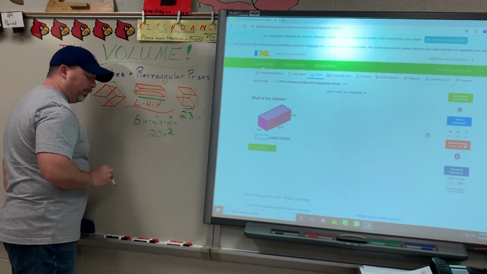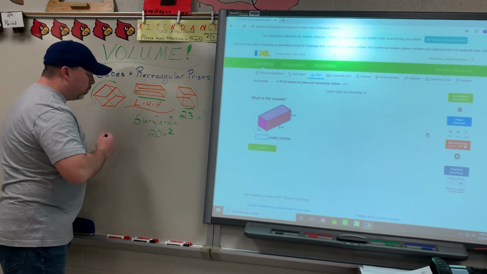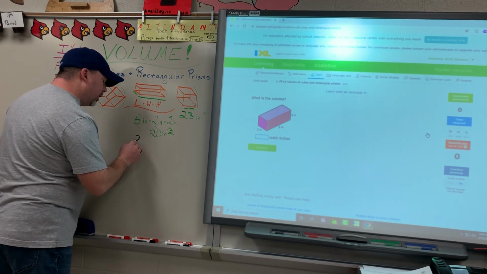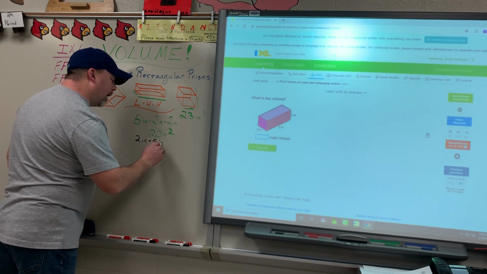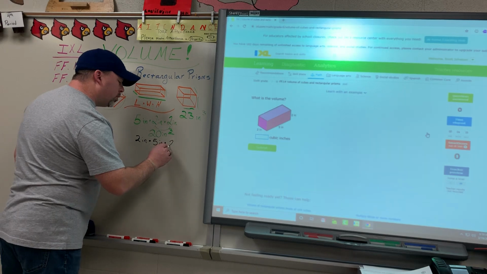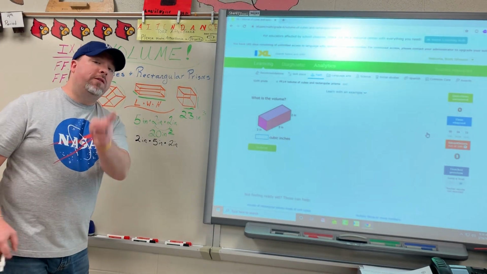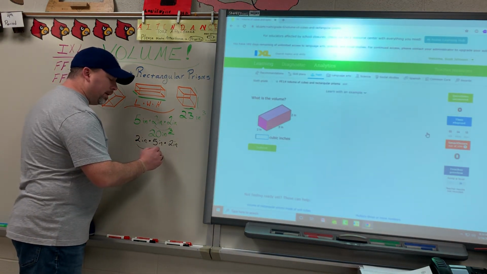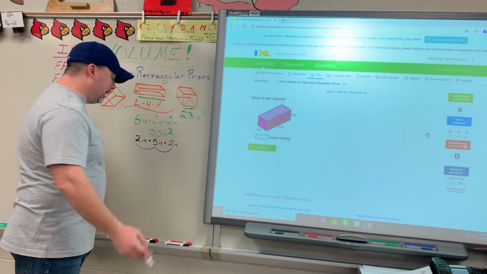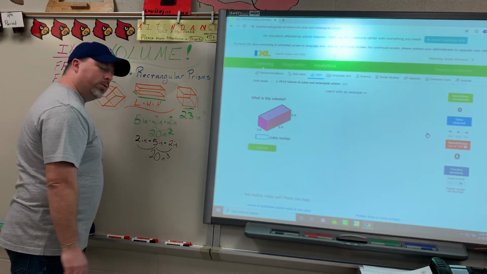There's that 3. Well, what if we read it like this? What if we said it was 2 inches long, 5 inches wide, and 2 inches high? It's no problem. Remember, commutative property. 2 times 5 is 10, and 10 times 2 is 20. 20 inches cubed.